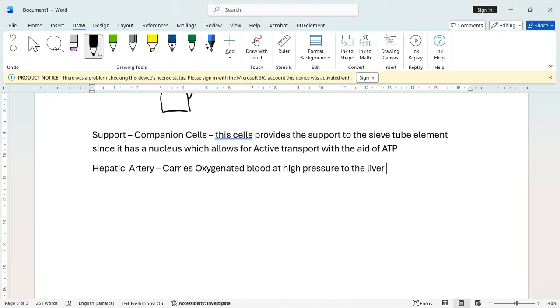Remember it is located there, but the hepatic is directly taking the blood to the liver. It carries oxygenated blood.